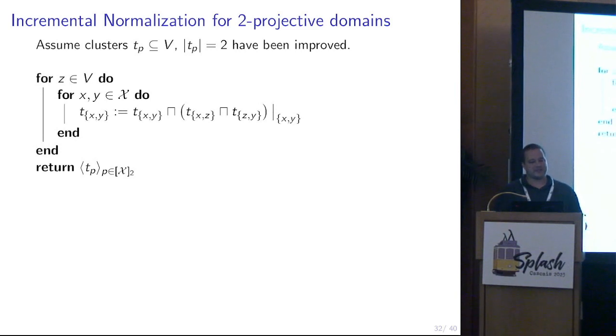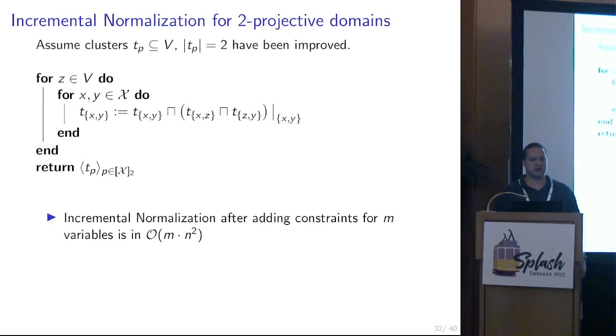But provided this is done, then one can actually run the Floyd-Warshall algorithm only for these variables that have potentially been modified. And this means that the incremental normalization after adding constraints for m variables is then in O(m times n squared).